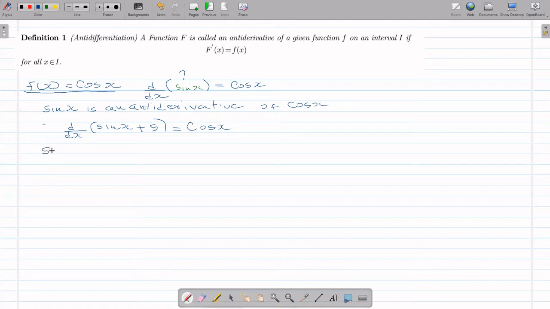I can say sin x plus 5 is also an antiderivative of cos x.